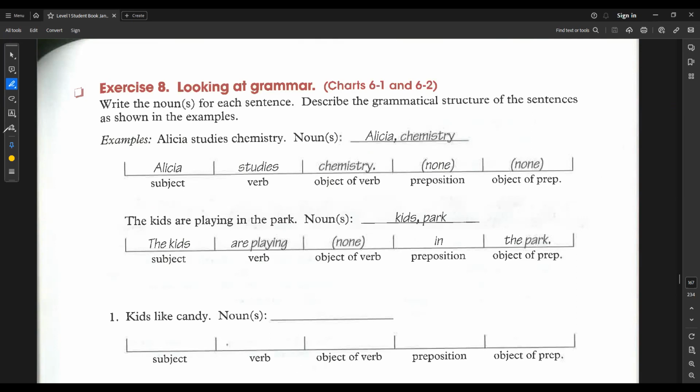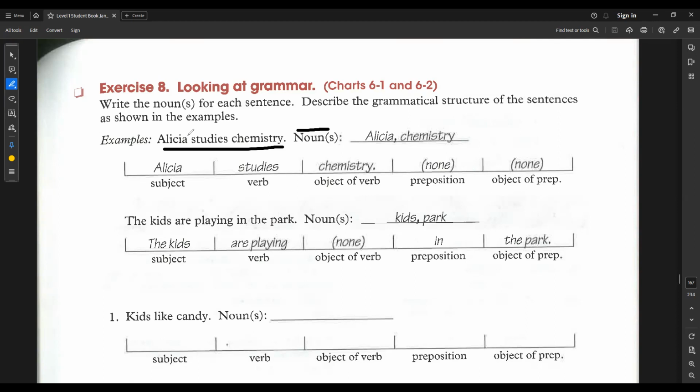So let's take a look here. We're going to have our sentence, right? Alicia studies chemistry. Y tenemos nuestras casillas aquí, right? So we have to put them, los tenemos que organizar y identificar los nouns, porque en esta unidad, en este capítulo, hablamos mucho de nouns.